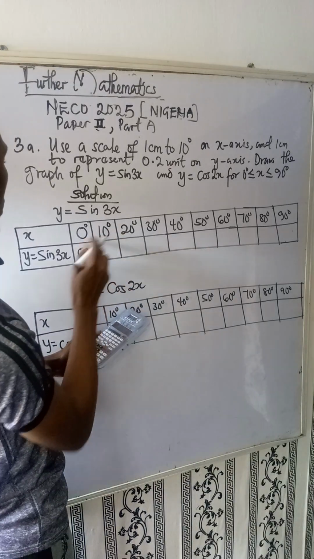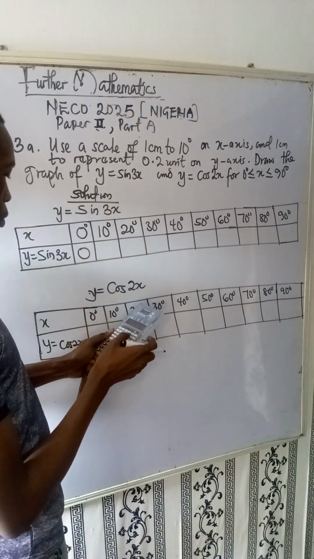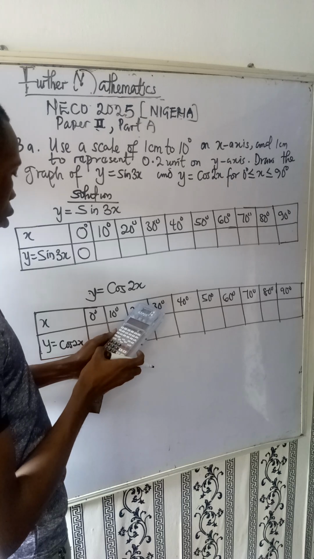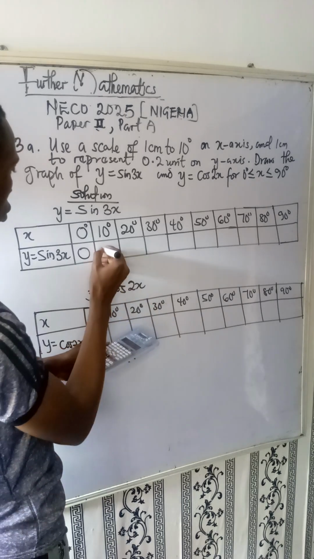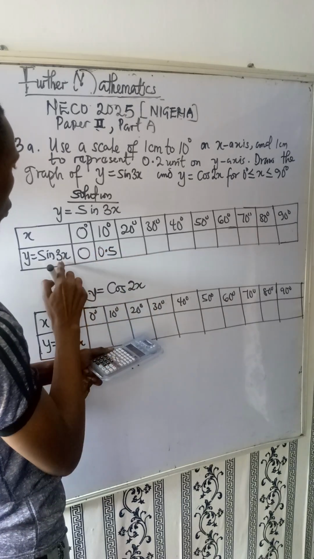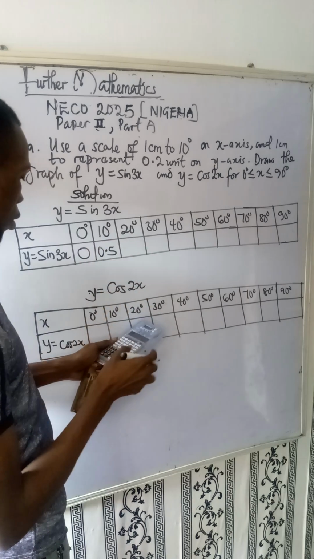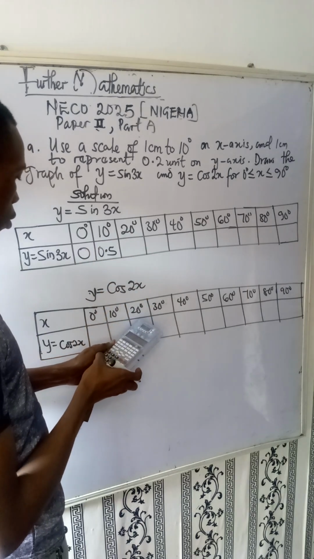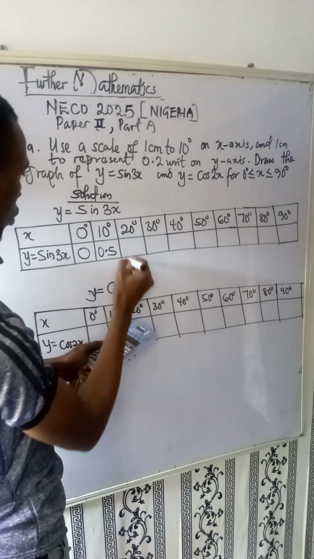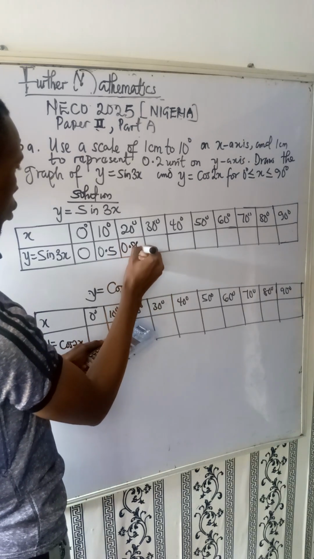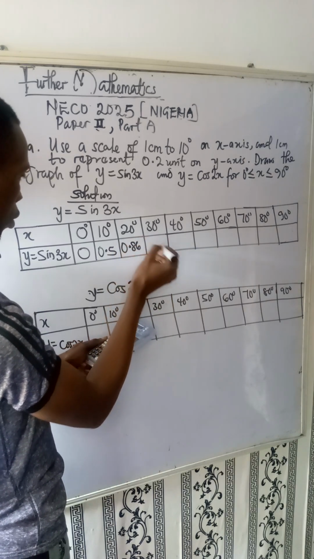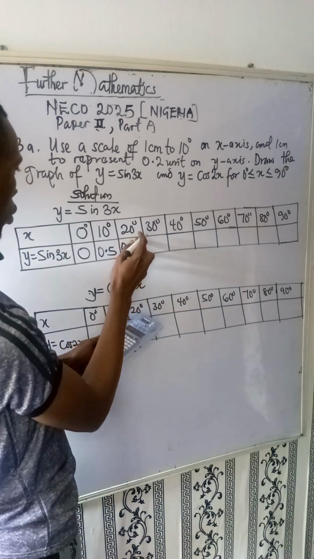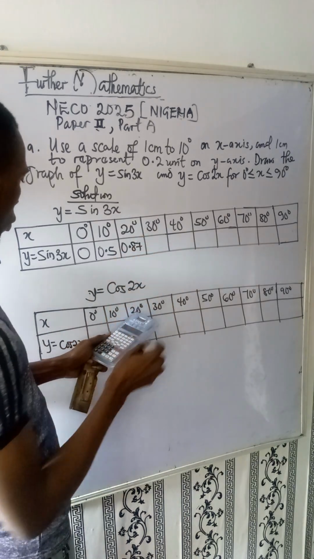Okay, 10 multiplied by 3, that is 30. So you find sine 30, that will give us 0.5. 3 multiplied by 20, that is 60. You find sine 60, that is 0.8660, so you can just say 0.87.